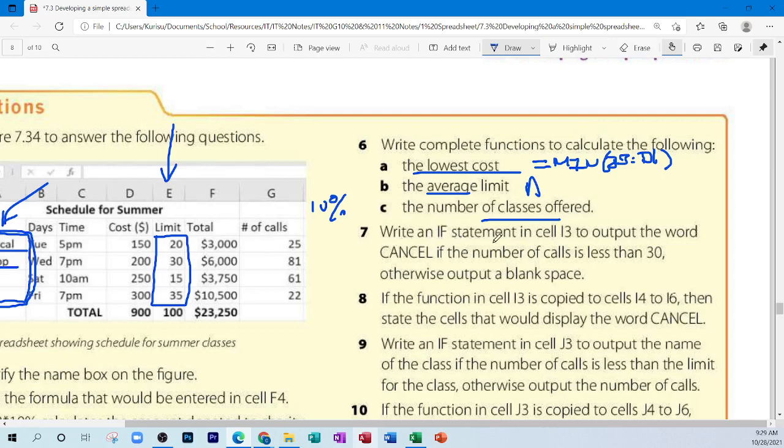So we're writing an if statement. So obviously we have to start with equal if, and we open our brackets. So that's the first part there. And remember, the if statement has how many arguments?